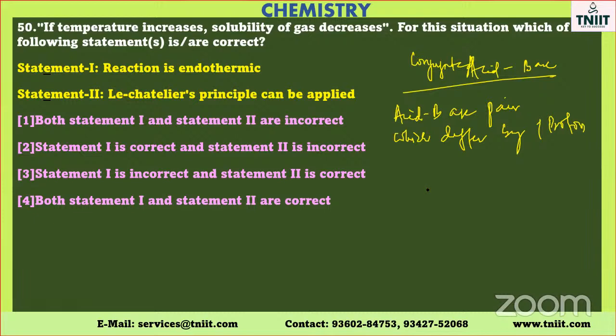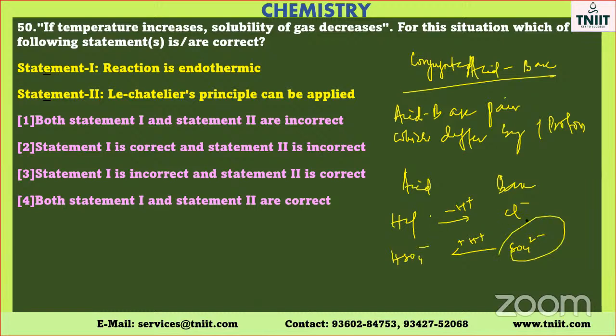So, if you take an acid and want to write its conjugate base, take HCl, it's an acid. In order to write its conjugate base, remove H plus. So we get Cl minus. Now, assume a base is given, SO4 2 minus, and I need to write its conjugate acid. Add H plus. When you add H plus, we get HSO4 minus. So, if an acid is given, remove H plus to form its conjugate base. If a base is given, to write its conjugate acid, we need to add H plus.